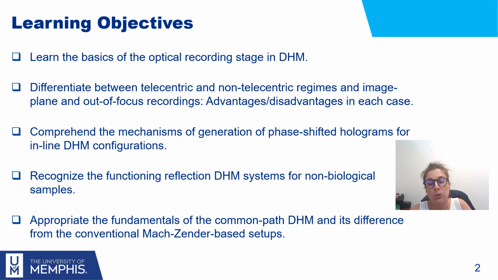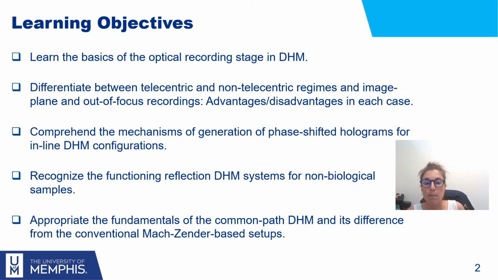We're going to show you the difference between telecentric versus non-telecentric imaging systems. We'll discuss what it means when a DHM system is working in an image plane, and the advantages and disadvantages in every case.